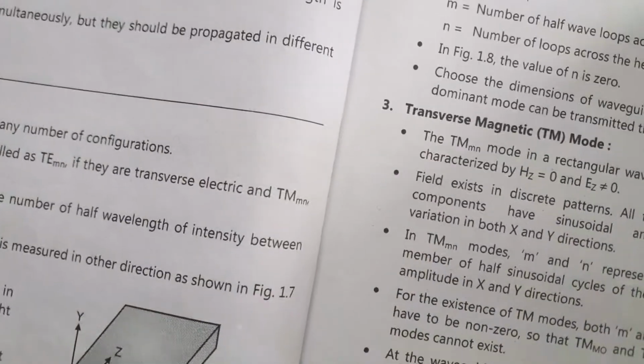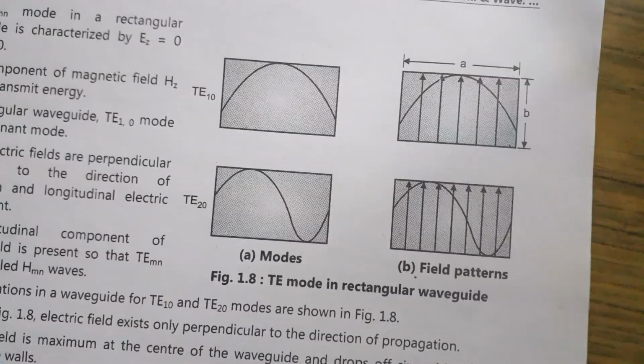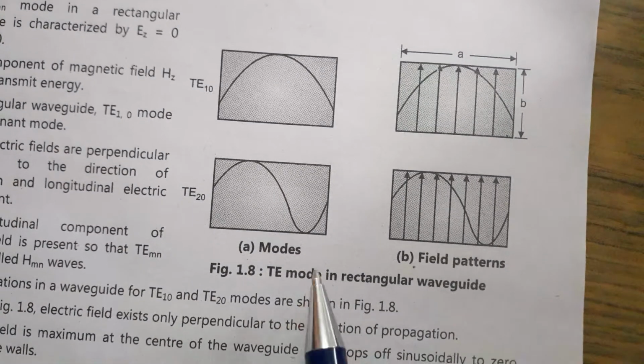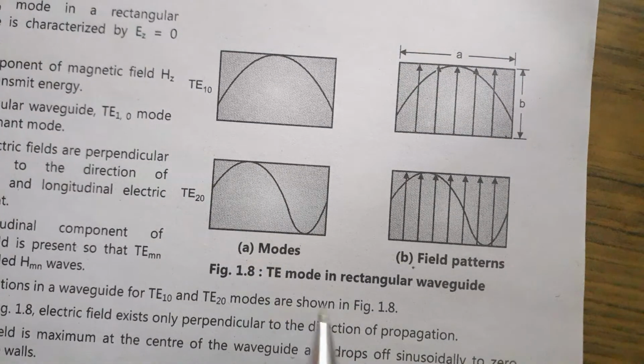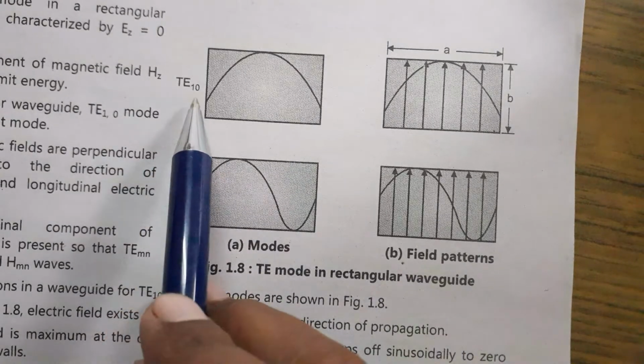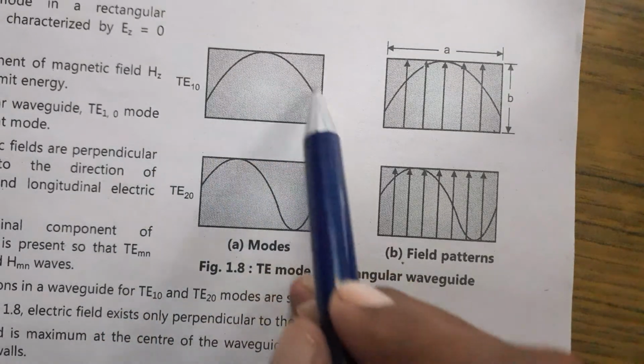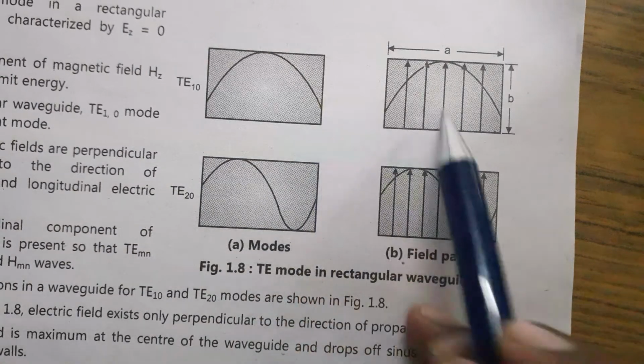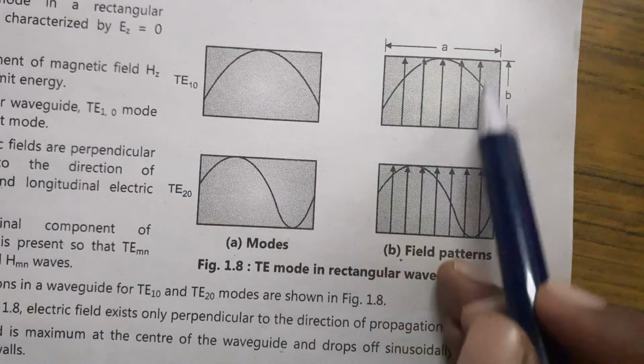Now, in rectangular waveguides, we will go for the field patterns. Here, TE modes in rectangular waveguides. So just remember TE10, this is the half cycle and these are the electric fields.